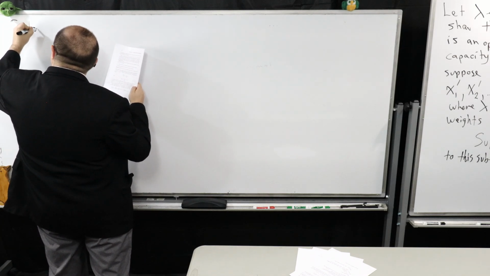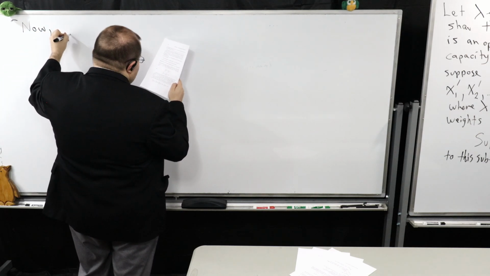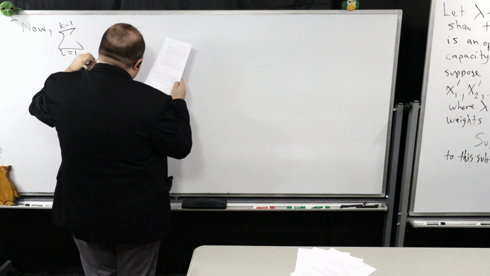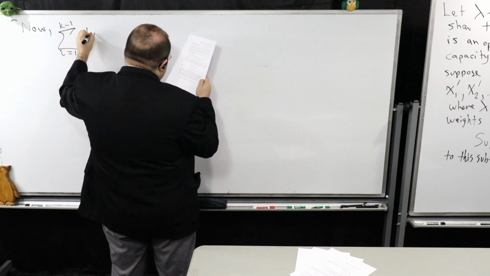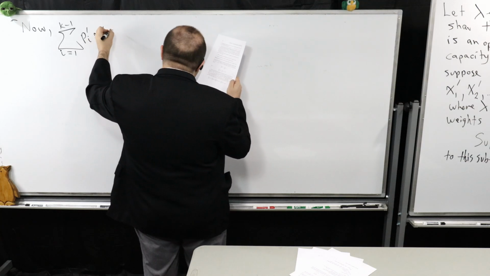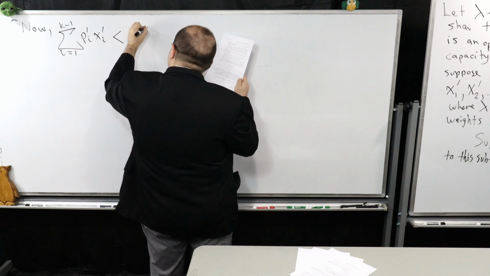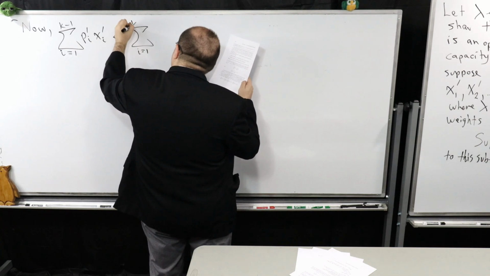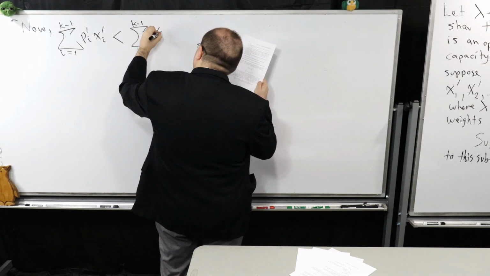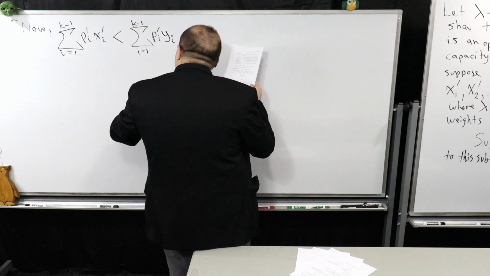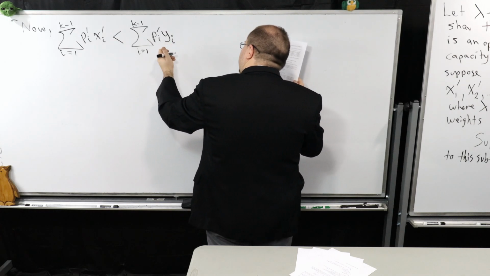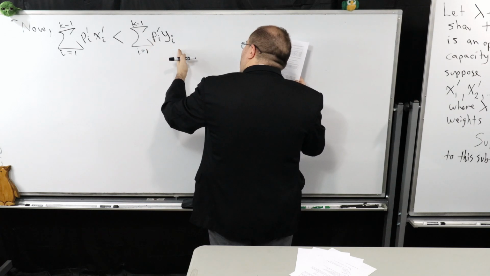Now, if I were to write out the profits, the sum from i equals 1 to k minus 1 of p_i prime x_i prime, we know that this is less than the sum from i equals 1 to k minus 1 of p_i prime y_i.